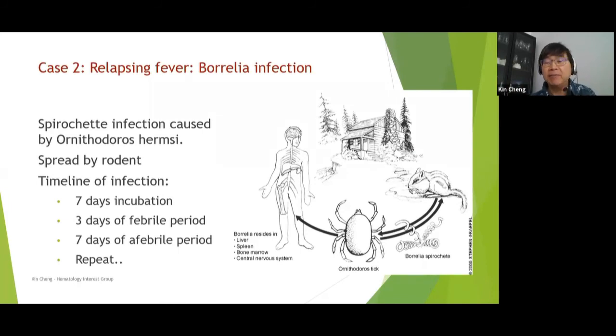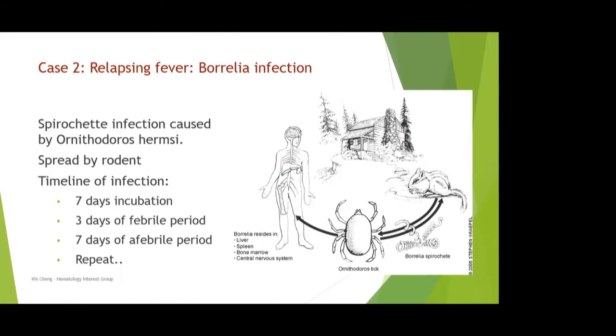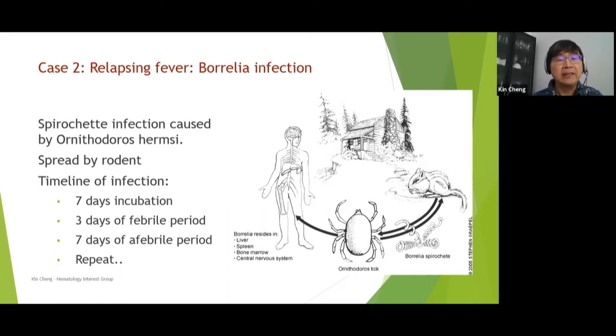At night, some family members just happened to sleep nearby and they inhaled some of this stuff that was floating around, and then a couple of the family members got infected. So the cycle of infection is 7 days of incubation, and 3 days of fever, and then another seven days of a febrile period, and the cycle repeats itself.